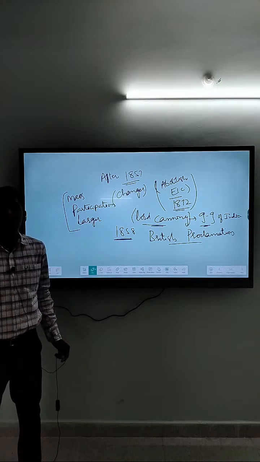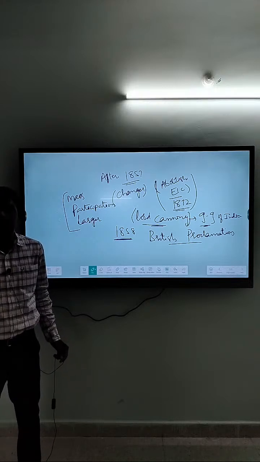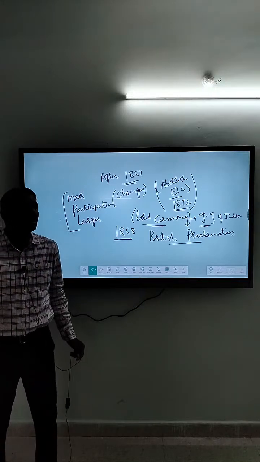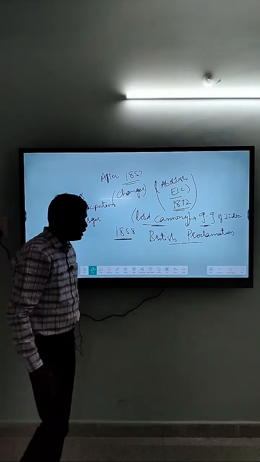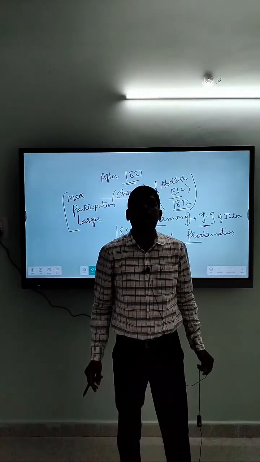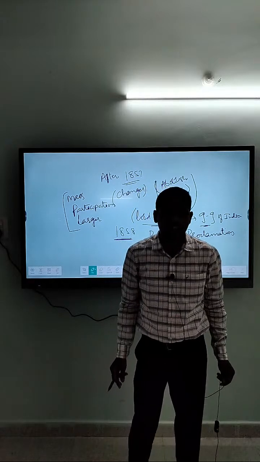She has assumed supremacy over India. So all those activities and functions which were earlier performed by the East India Company are now directly taken by the British government and the British Queen.